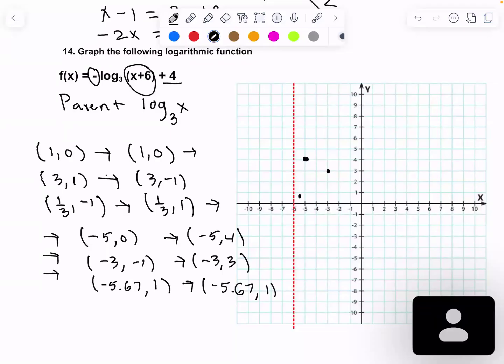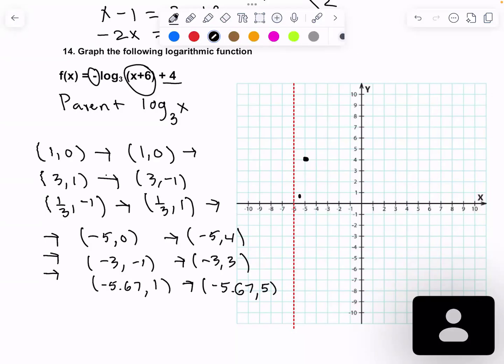Okay, so I did something wrong here. I know I did something wrong because that can't be right. So let's see. 1, 0. So I made a negative. I subtracted the 6. Then I added 4. I didn't add 4 to this one. That's why. Right? 1 plus 4 is 5.